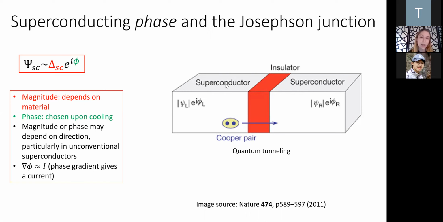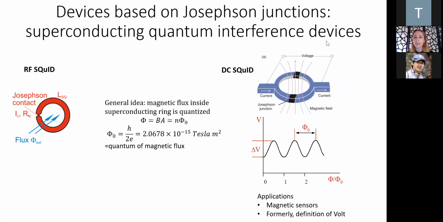So Josephson junctions are the basis of many superconducting devices, including superconducting qubits. This is well outside of my expertise, but I just want to draw a couple of illustrations. The general idea behind all of the applications of Josephson junctions is that when you have a loop of superconductor, the flux inside the loop is quantized.